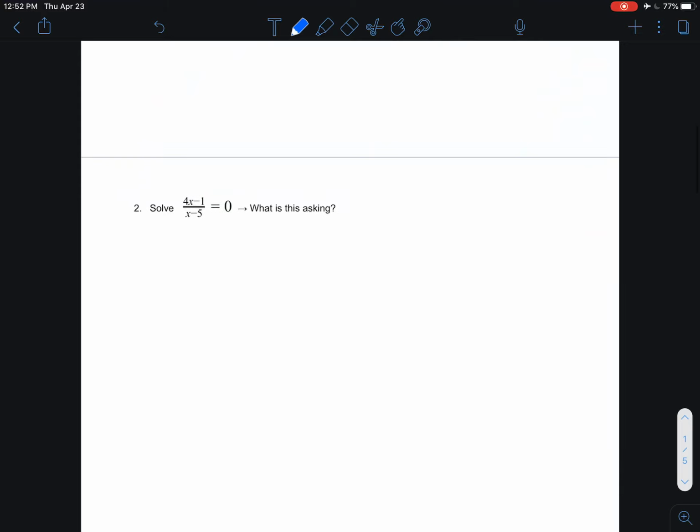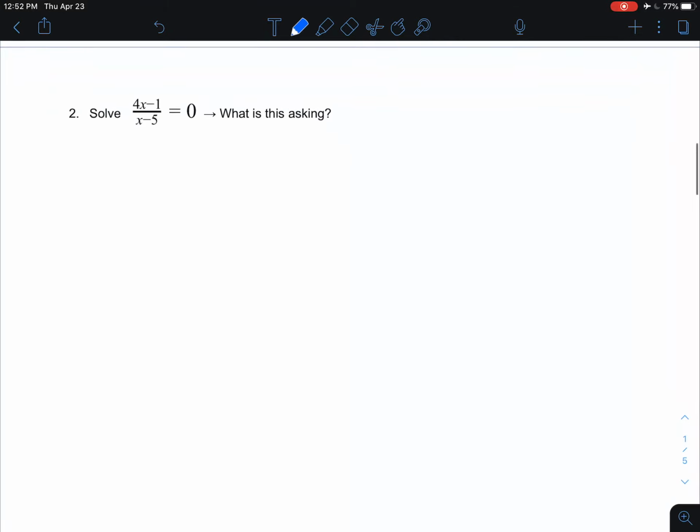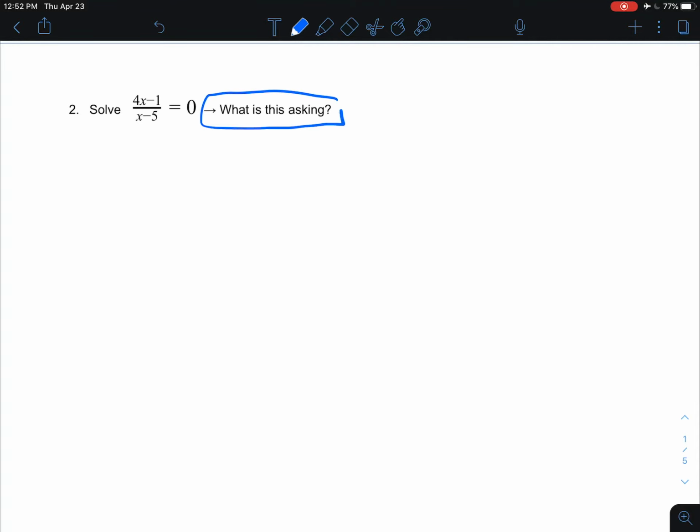Let's look at another example that looks a little bit more like what we're used to in grade 12. So here again it says solve 4x minus 1 over x minus 5 is equal to 0. What is this asking? Let's start here with this question. What is this question actually asking us to do?